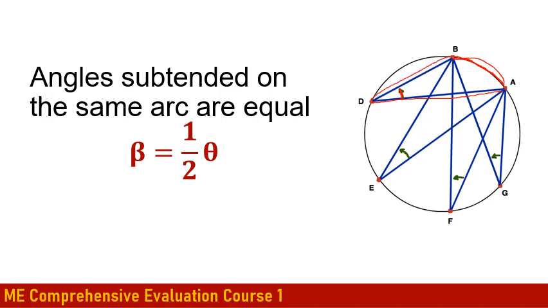And then we have at point E, this inscribed angle here is also subtending AB. Same also with F, and then we also have G. So all of these, the angles G, F, E, and D are all equal because they subtend the same arc.